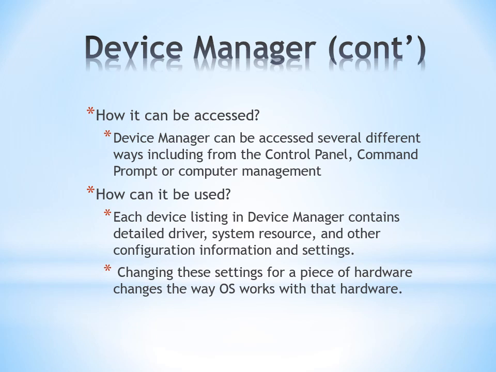How can it be used? Each device listed in the device manager contains the detailed driver, system resources, and other configuration information and settings. Changing these settings for a piece of hardware will change the way the operating system works with the hardware.